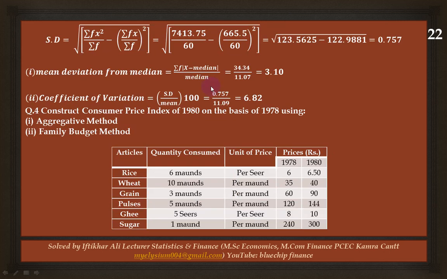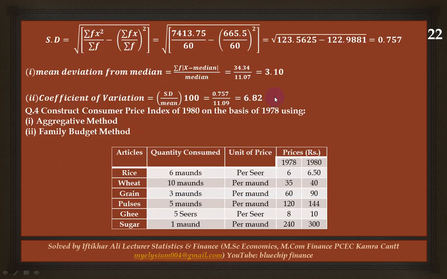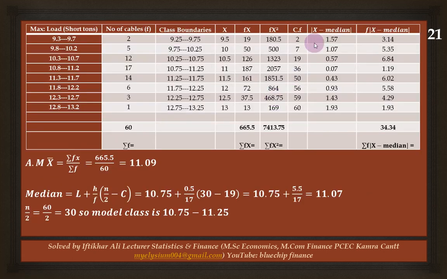So what is the formula? f multiplied by |x minus median|. So first of all, x minus median: it means 9.5 minus 11.07, 10 minus 11.07, 10.5 minus 11.07 and so on.